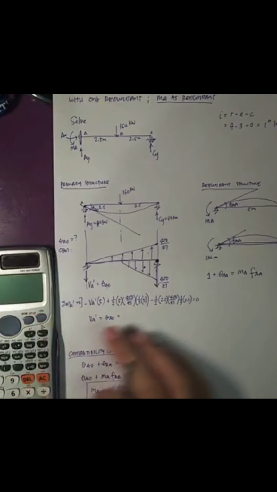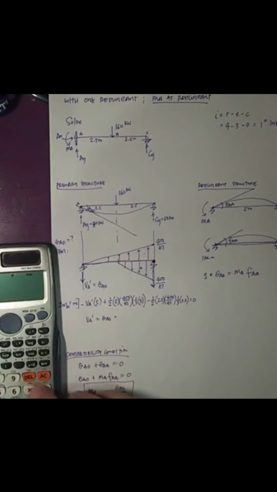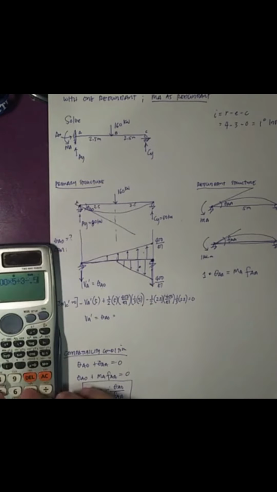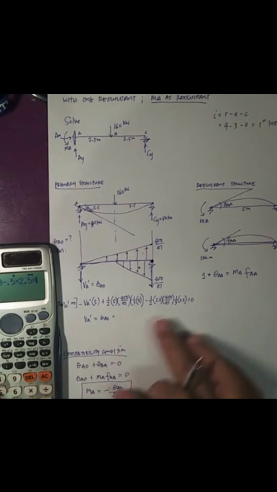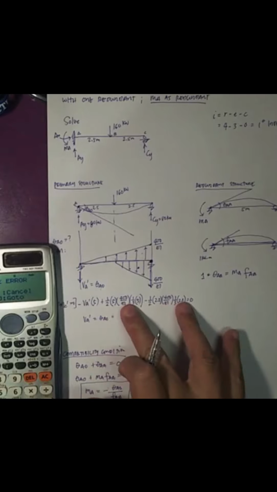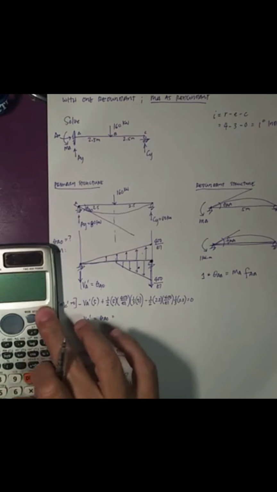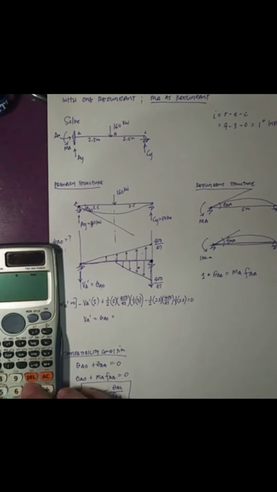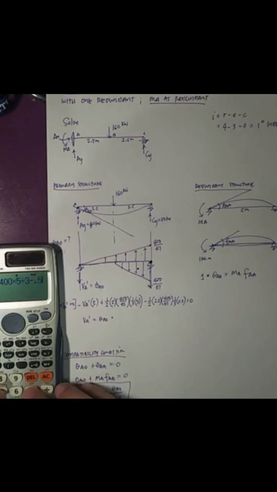Okay, so calculating for that, we'll have 1/2 times 5 times 400 times 5 over 3, then minus 1/2 times 2.5 times 400 times 2.5 over 3.